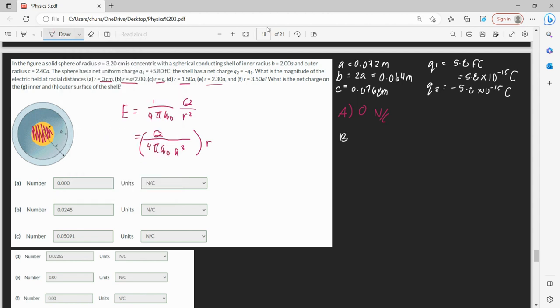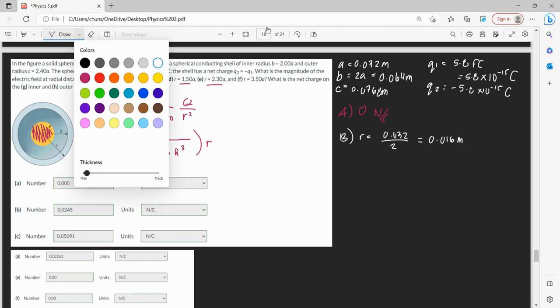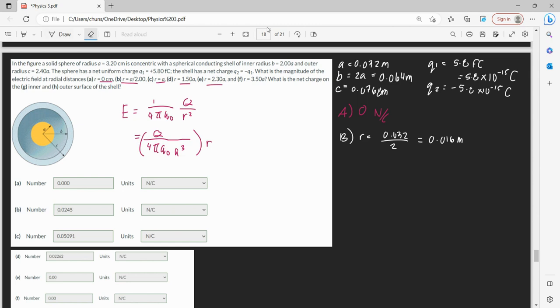So let's start with B. So B is at a distance of r equals a divided by 2, so 0.032 divided by 2, which means it's going to be less than a, so that is 0.016 meters, which means we are measuring from here.